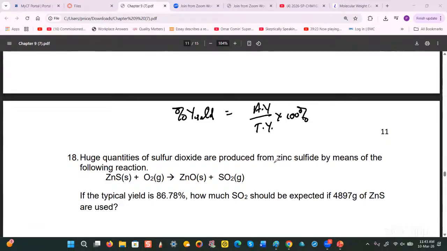With that said, in the case of question 18, they gave us an unbalanced equation. So let me balance that now. How do we go about balancing this equation?